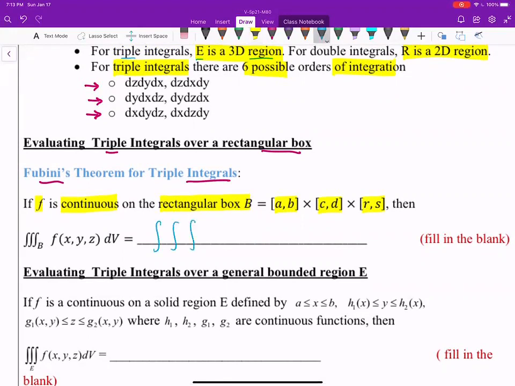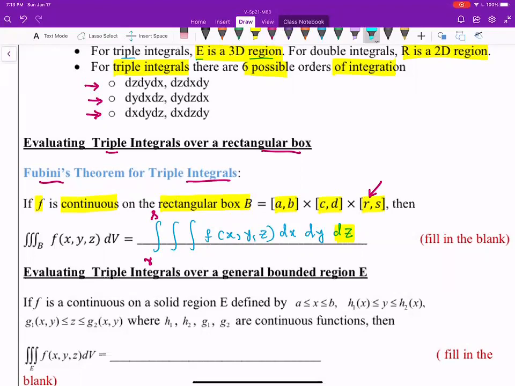the triple integral of f of x, y, z dx dy dz. So dz is the outermost, and that corresponds to these limits. So it is r to s for z.